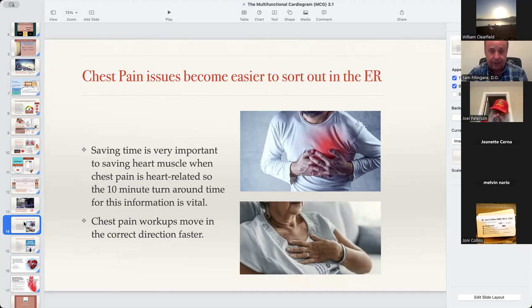Right now, even in the best of emergency rooms, it takes on average about 90 minutes before a decision can be made before they're moved to the cath lab. If you could cut that decision from 90 minutes down to 10 minutes, imagine the amount of heart muscle that you can save. This device will tell you yes or no, they need to go to the cath lab.